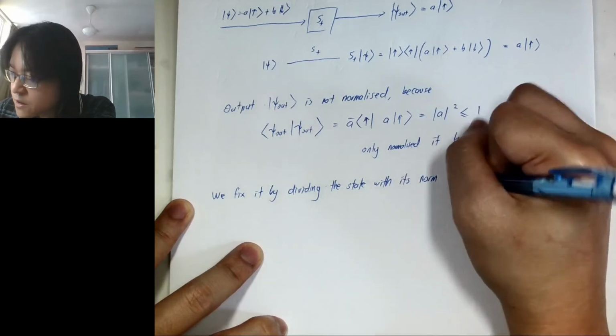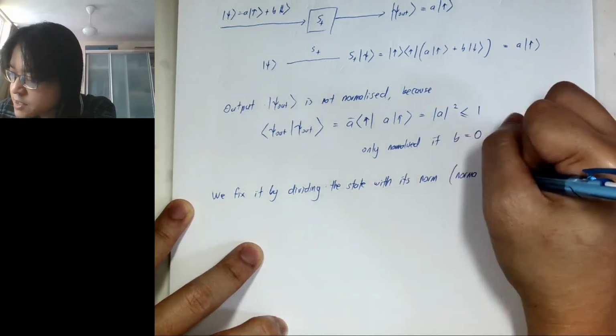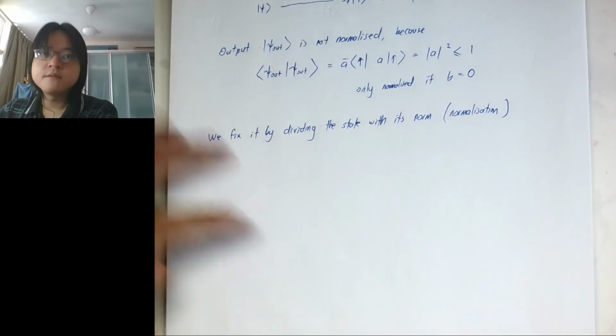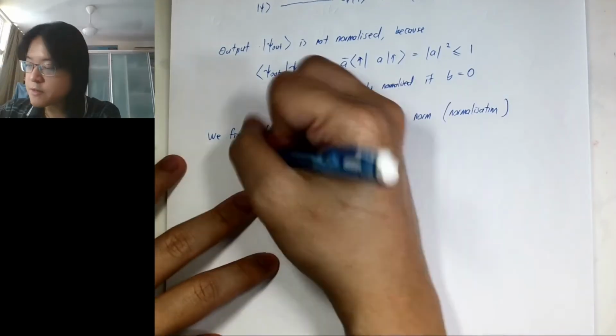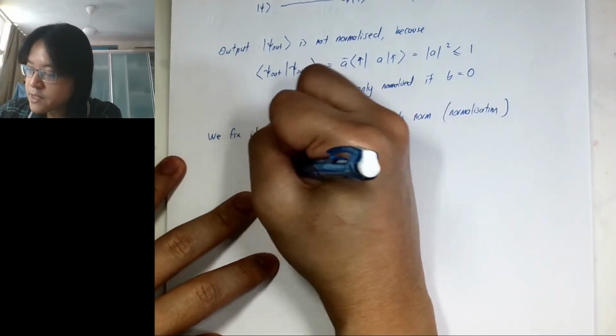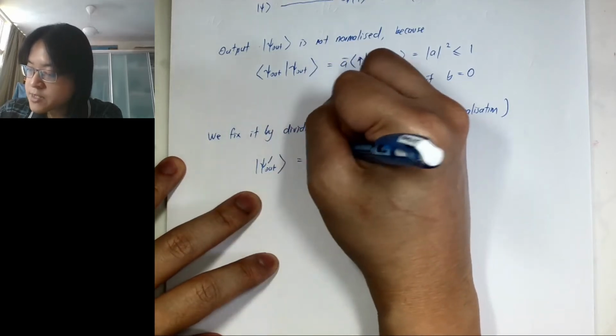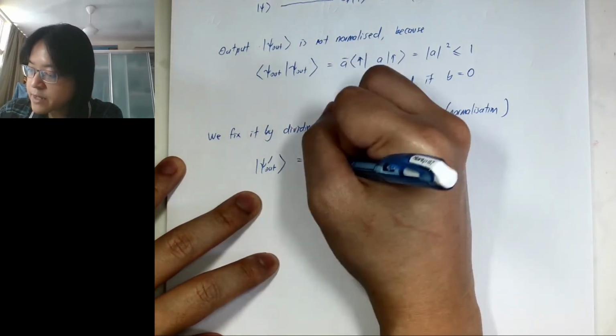This is what we call the normalization procedure. That means we create a new and improved output state by taking the original state and dividing by the norm.